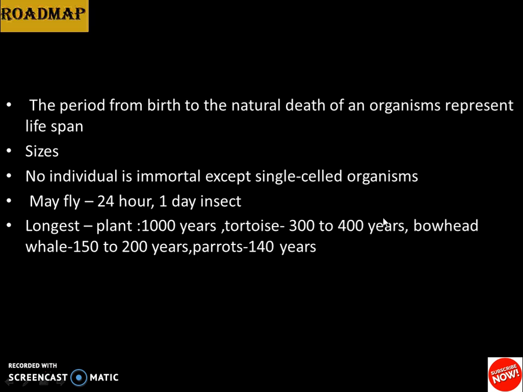It has a long life expectancy. Then there is the bowhead whale. It has a life expectancy of 150 to 200 years, and then the parrots, they have a life expectancy of 140 years. So different animals have different life expectancy.